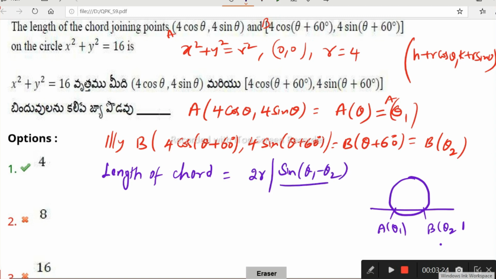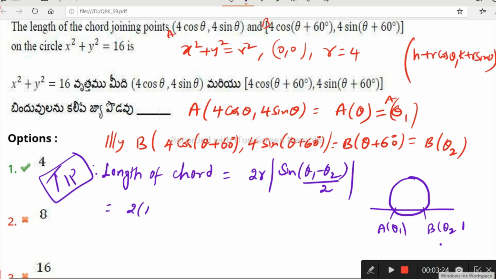This is the tip we use to find the length of the chord when theta 1 and theta 2 are parametric angles. What is R here? R we got as 4.